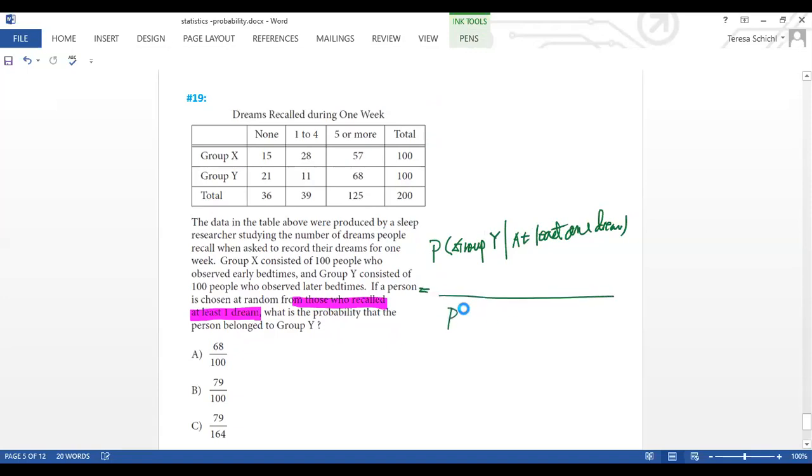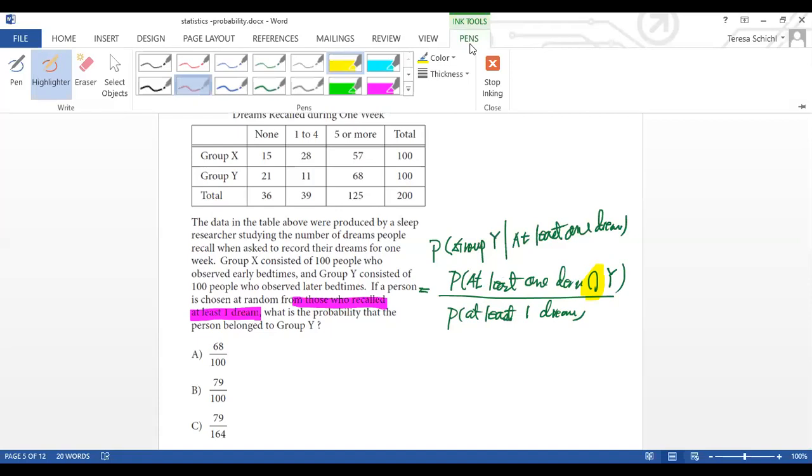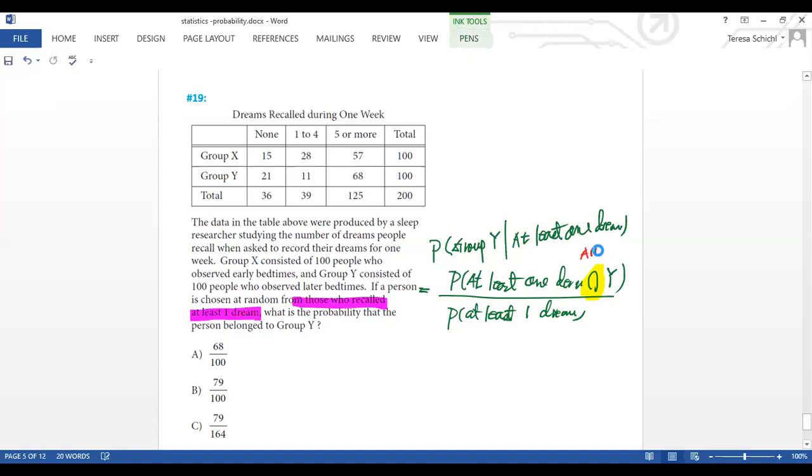So this is the probability of at least one dream in the denominator, and here, the numerator is the probability of at least one dream intersect group Y. Okay, so be careful. Like we say here, what does intersect mean? The keyword and, right?